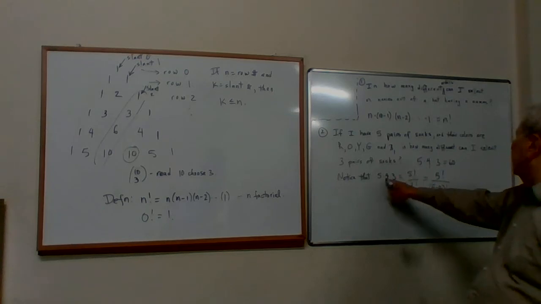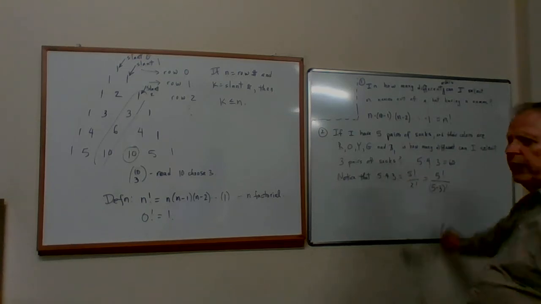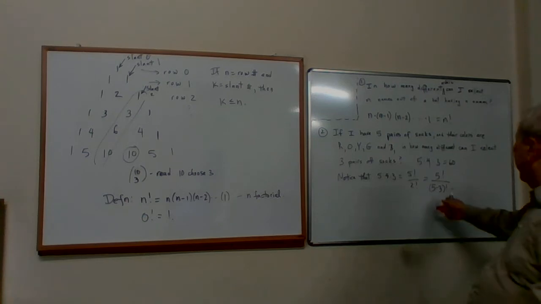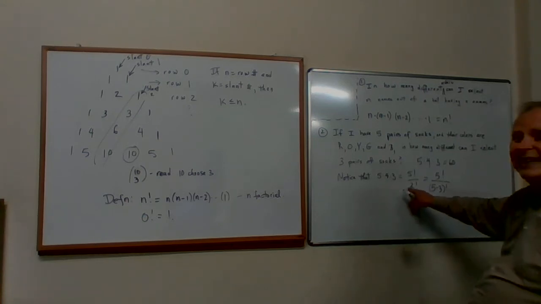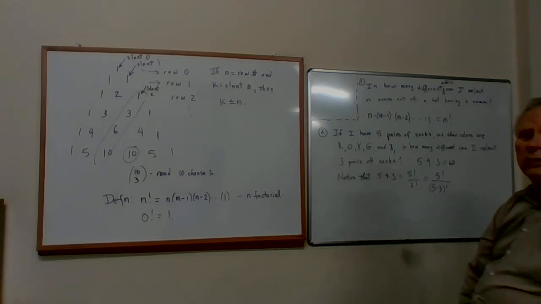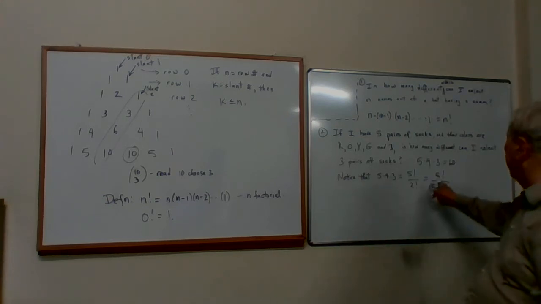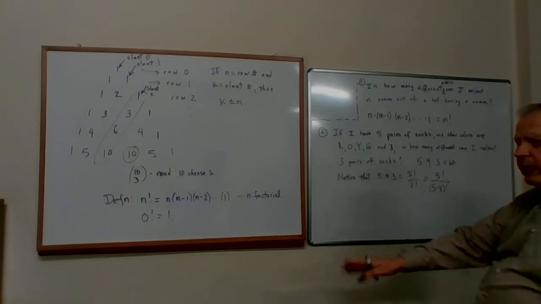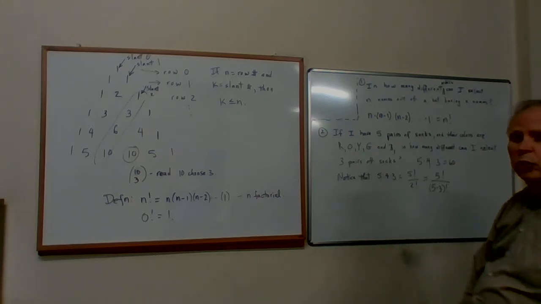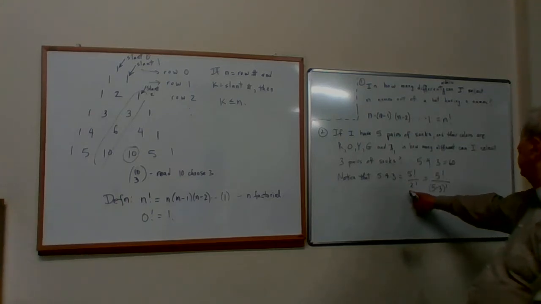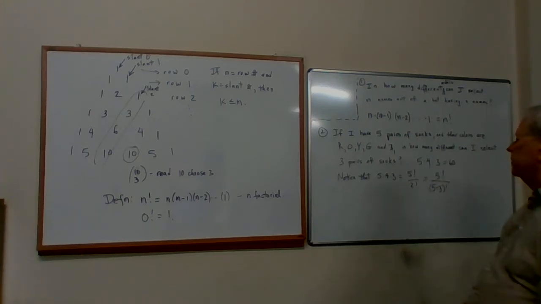So I take 5 factorial, which is a way of ordering all of them, and then I divide by 2 factorial, saying it doesn't matter how the last 2 are ordered. So 5 factorial is 120, but if I divide by the number of ways of shuffling around the 2 left in the drawer, then that's 120 divided by 2, which is 60, okay?